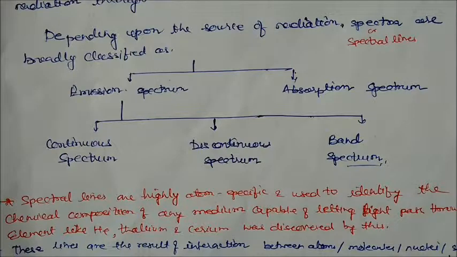We discovered this only after the spectral lines. Nobody has gone to the sun because the sun is very hot. So how can one go? But with the help of spectrum lines, we can tell the constituents of elements present in that substance or any star. So this is used for describing those types of celestial bodies.